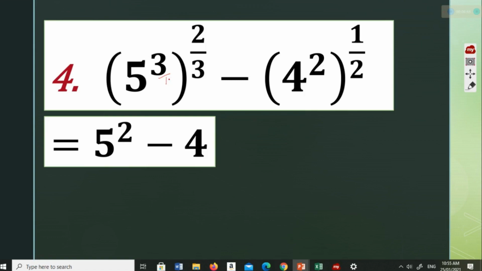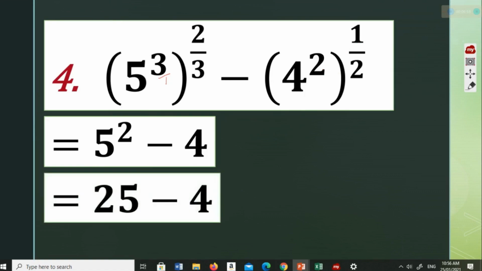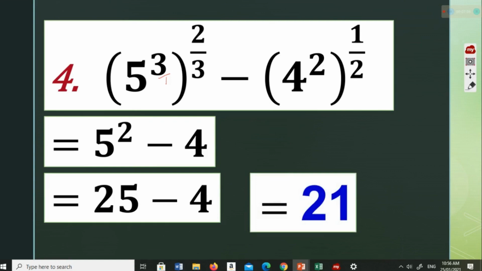Tapos dito may 1. 1 times 3 is 3. So 6 divided by 3 is 2. Kaya naging 5 squared. Ito na, bakit naging 4 raised to 1? Kasi 2 times 1/2 is 1. Then, evaluate yung 5 squared, 25 minus 4. So therefore, the answer is 21.